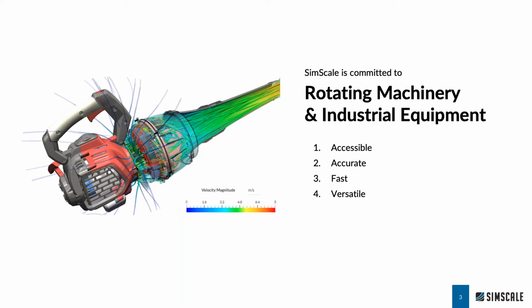That commitment is first to be true to our corporate purpose of making engineering simulation technically and economically accessible across the enterprise and throughout the product lifecycle. But we also understand that this industry has unique requirements for the accuracy and speed of simulations across a wide range of applications. So this is the commitment that we have made to the industry.